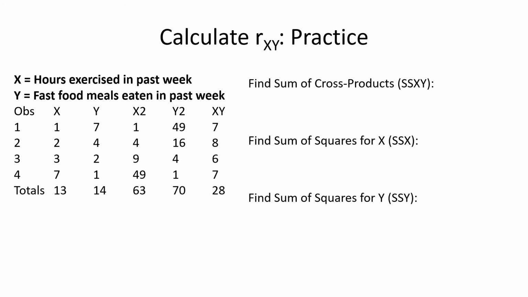Let's do an example. A little bit bigger of an example and not as exact, not going to get 1 as our answer. But let's do this example real quick. So first thing we need to do is get our sum of cross products. And I'm going to write on here, even though the stuff is here on the slides.